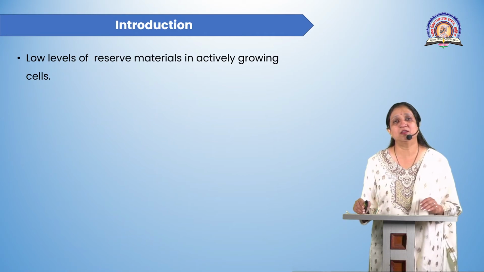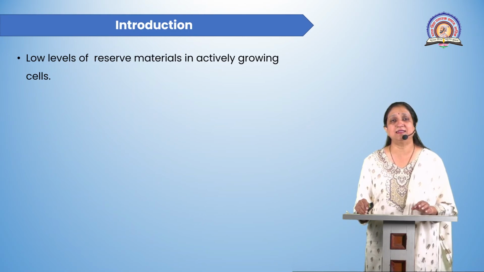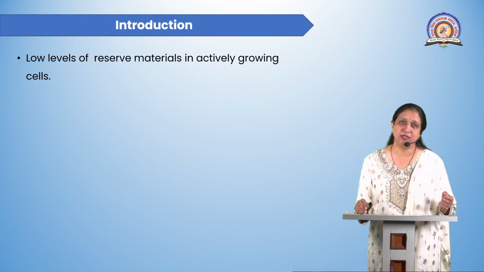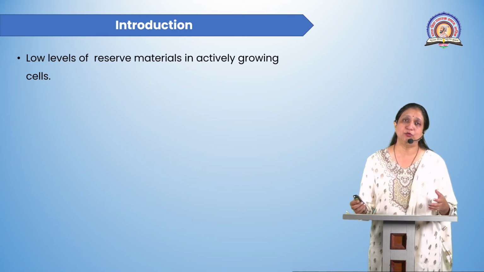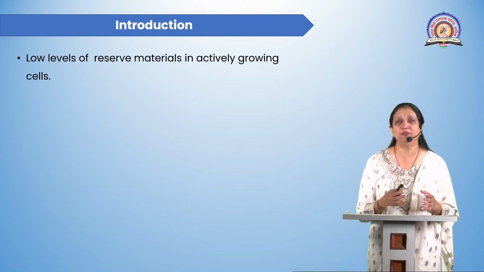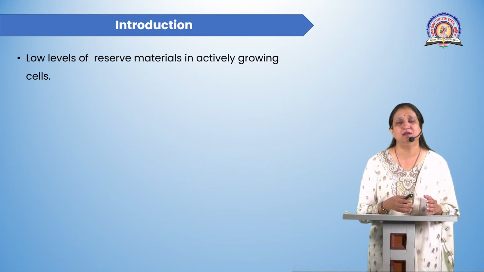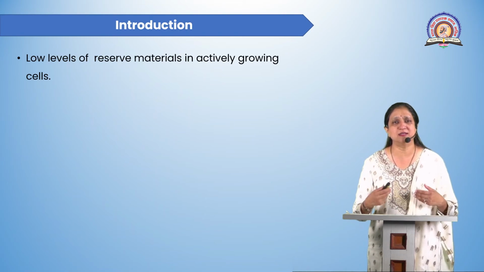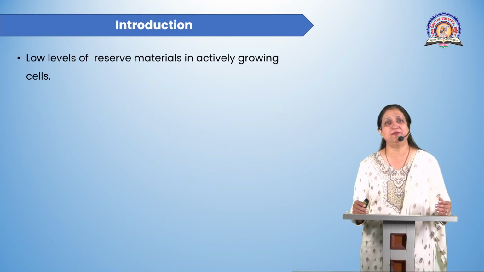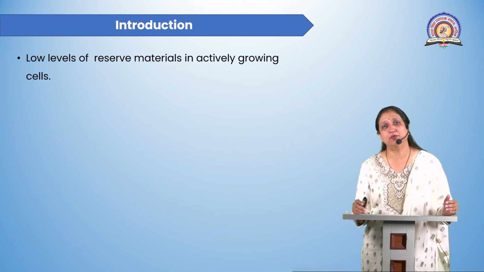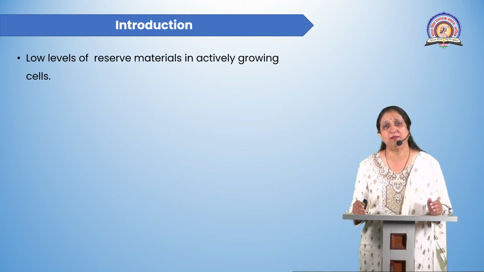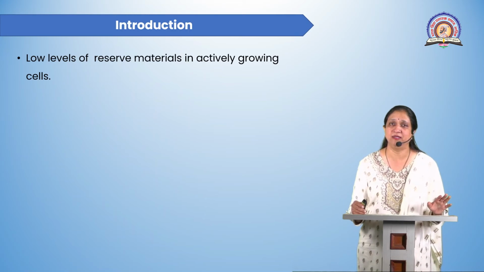The low levels of the reserve materials in actively growing cells, because the cell is actively growing, so it does not have time to just store the excess of nutrients in the form of the storage material in the cell. It is actively growing, so it is consuming all the nutrients that are available in the surroundings, and therefore, when the bacteria is growing actively, the reserve material that is found to be present in the bacterial cell cytoplasm is very less.